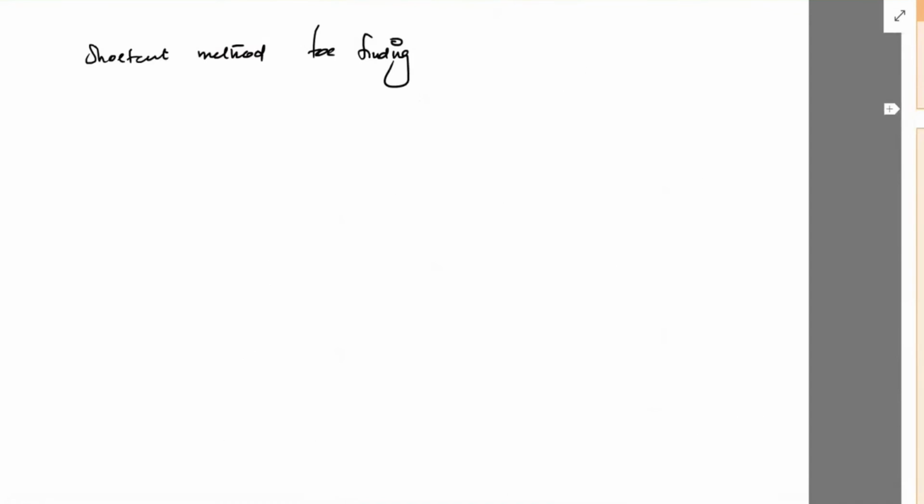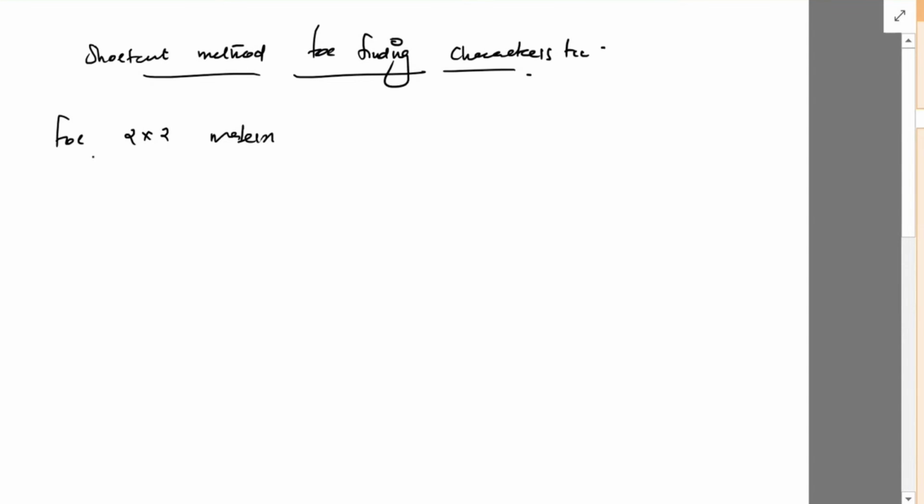So let me check. We can use the shortcut method for finding characteristic polynomial. So I will tell you the shortcut method. The shortcut method is for a 2 by 2 matrix. The shortcut method for finding characteristic polynomial is lambda square minus trace of that matrix into lambda plus determinant of that matrix.